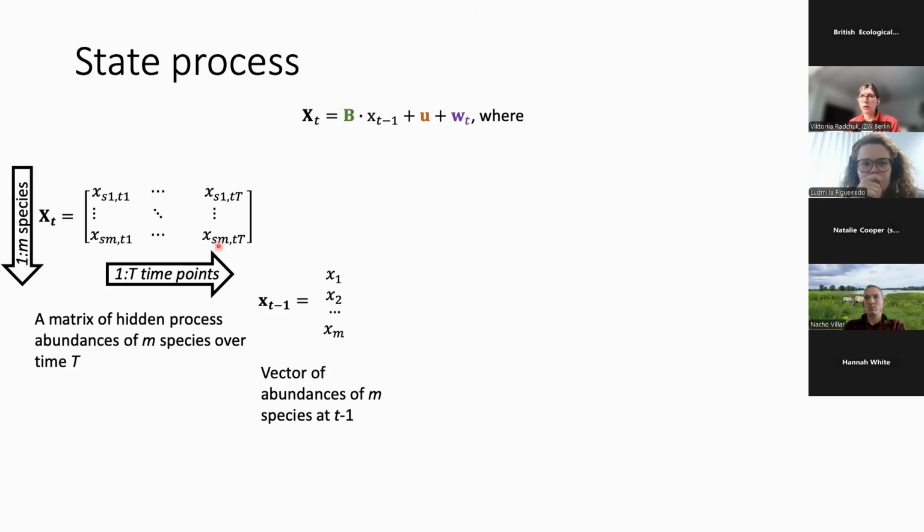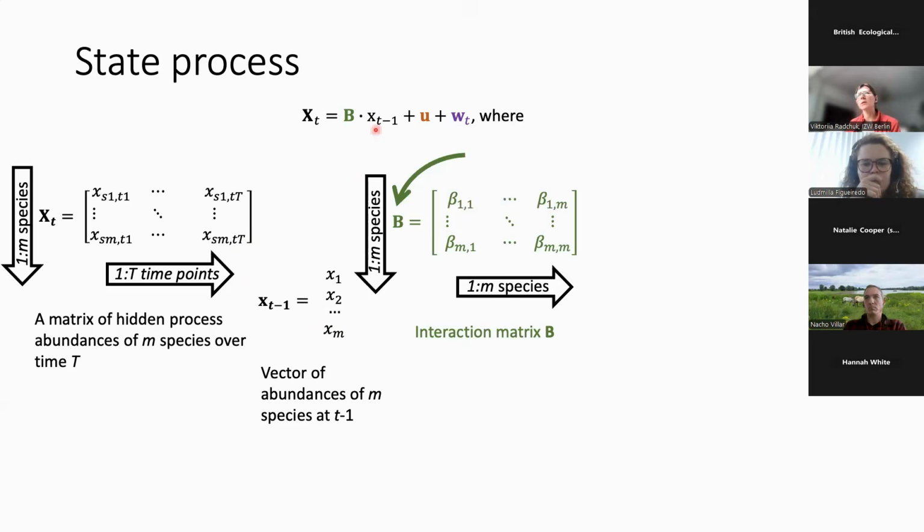This is a function of the abundances of our M species at time t-1. That's what the vector x_{t-1} gives. B is the interaction matrix that we actually are after. That's the matrix that we want to estimate for our Jacobian stability properties.